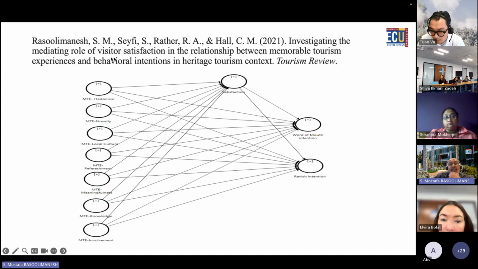Again, here we realize that there is not only one combination of these dimensions that can lead to satisfaction, and probably different combinations of these dimensions can create a high level of satisfaction and revisit intention of tourists. So we applied fsQCA.